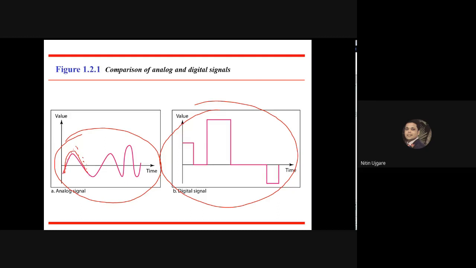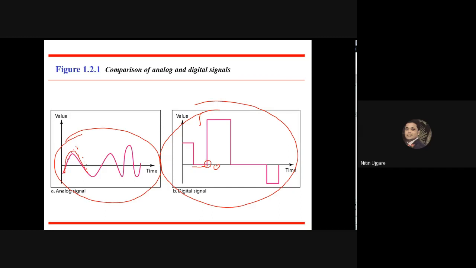Now, in the digital signal, the vertical lines demonstrate the sudden jump that the signal makes from one value to another. Here you can see that the signal has made a sudden jump from one value to another, say at this point it is 0 and at this point it is 1.